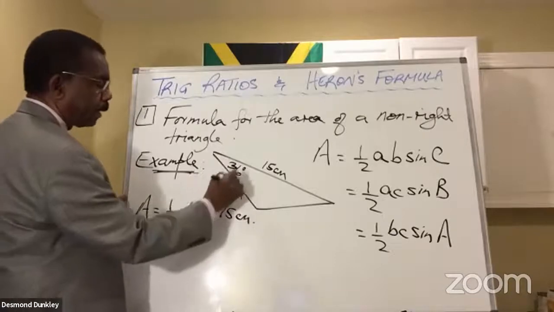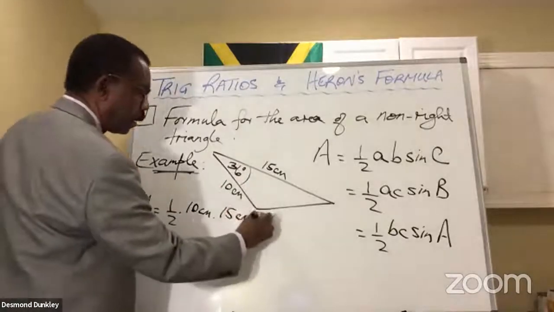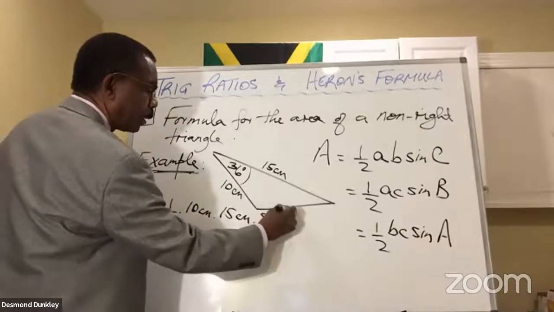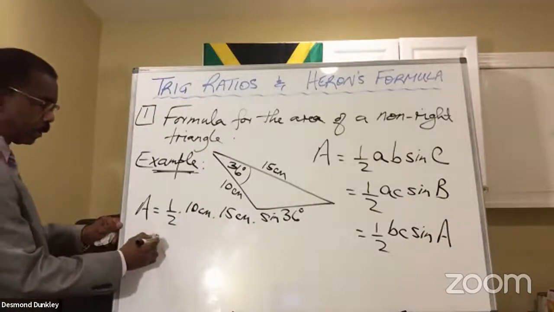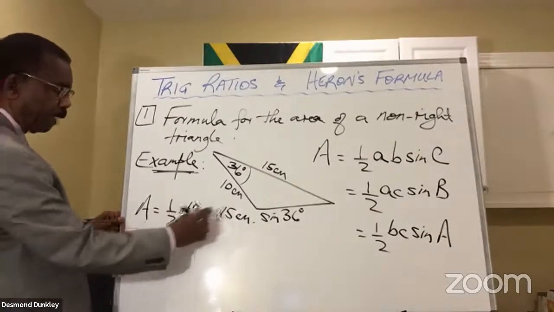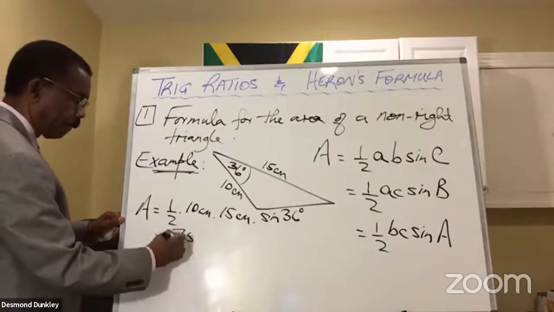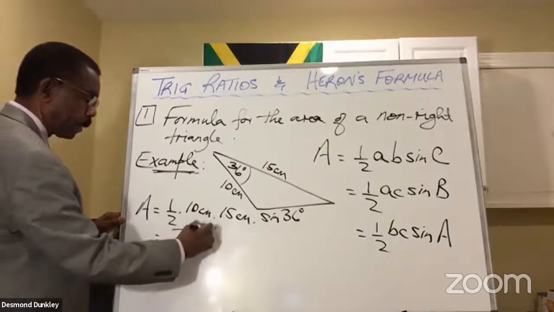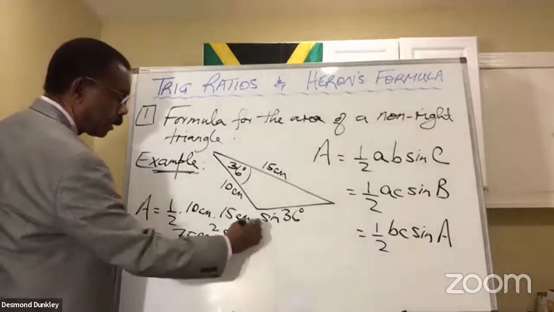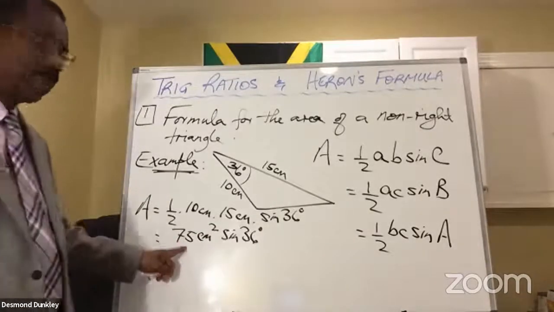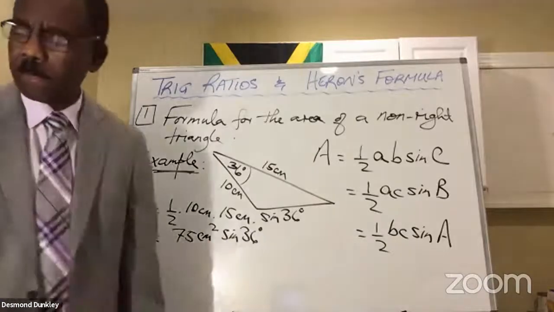times sine of the angle between. And that's going to equal a half of 10 is 5, 5 times 15 is 75 centimeters squared, sine 36 degrees. So all I need to do is take 75 times the sine of 36.